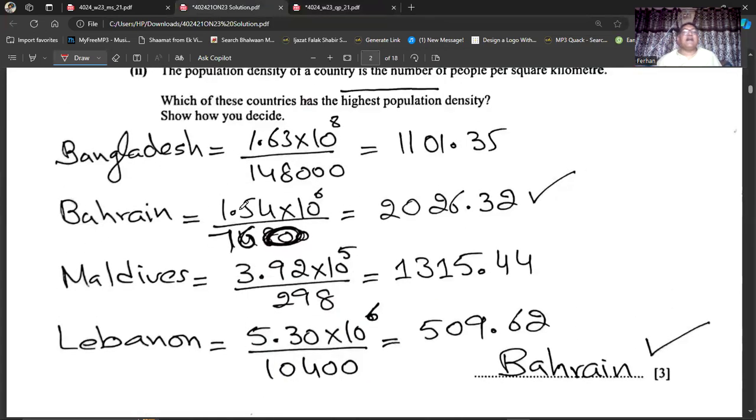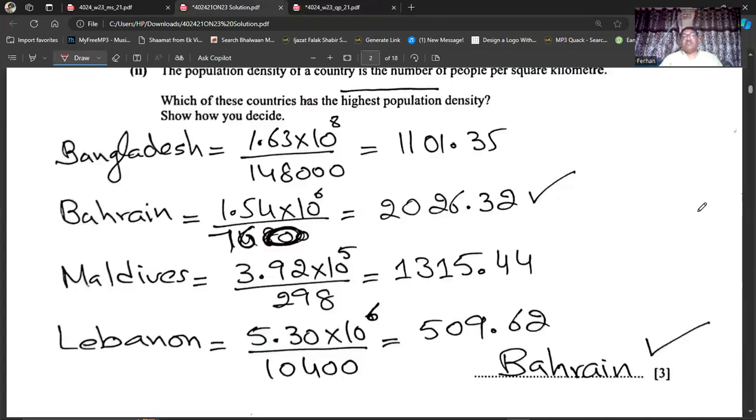So for Bahrain, you will use your calculator. So 1.63 expo 8 divided by 148,000, and that will be equals to 1101.35. For Bahrain, its population is 1.54 expo 6, and its area is 760. So when you divide that population with the area, you will get 2026.32 population density.